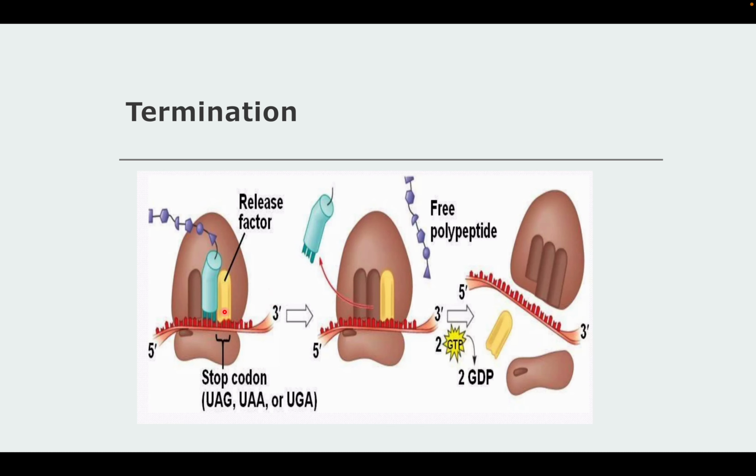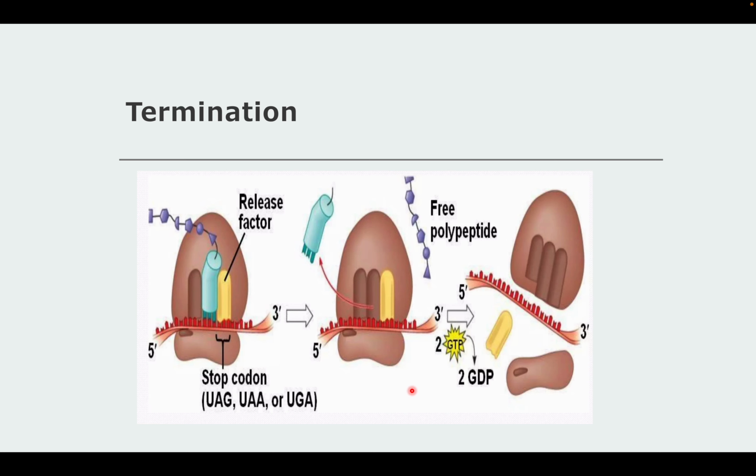So here you can see the A site recognizes the stop codon, and the release factor binds here. Once it binds, they release the free polypeptide and the tRNA, and then the mRNA gets released, and the two subunits get separated. All this occurs by the hydrolysis of GTP.